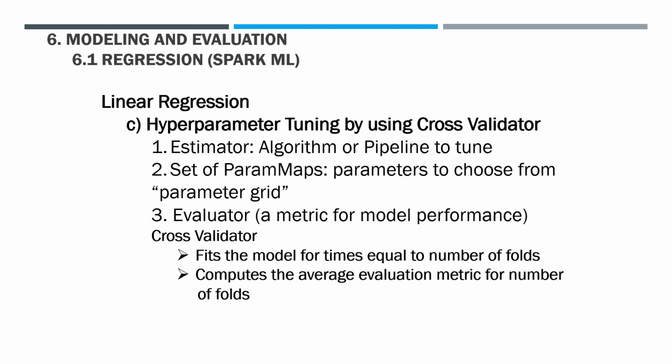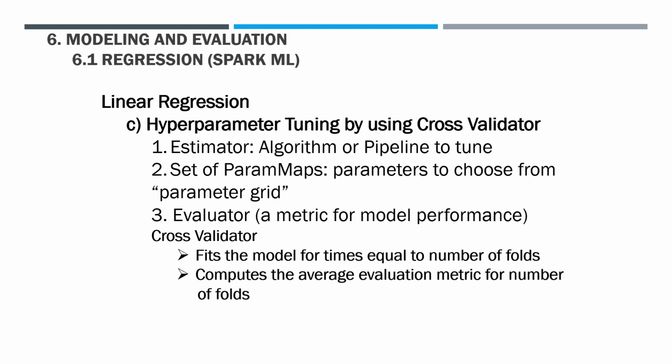A hyperparameter is a parameter that is external to the model. In Spark ML, hyperparameter tuning can be done by using a cross validator. Cross validator is passed three parameters. First one is called estimator. It can be either an algorithm or a pipeline, but in our case it's a pipeline that we have already built.